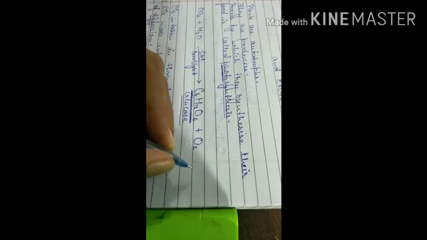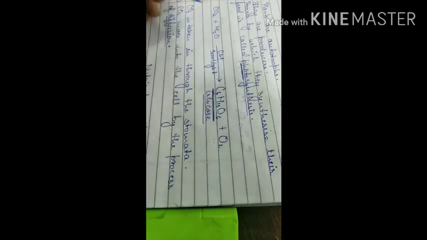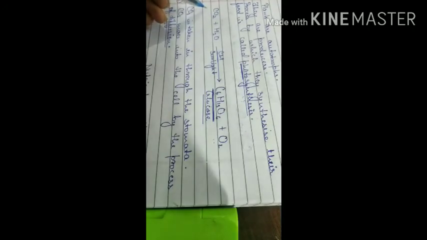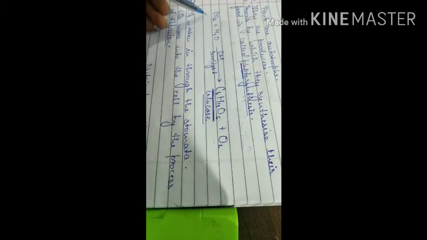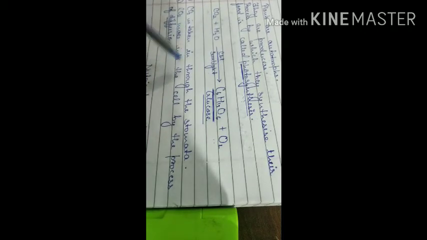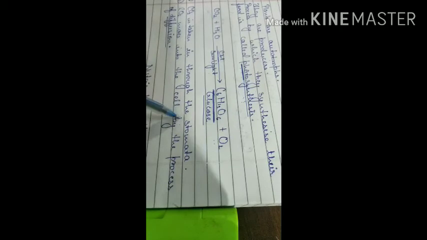This carbon dioxide is taken in by means of the stomata, which are found in the leaves of the plant. The opening and closing of stomata is guarded by the guard cells.